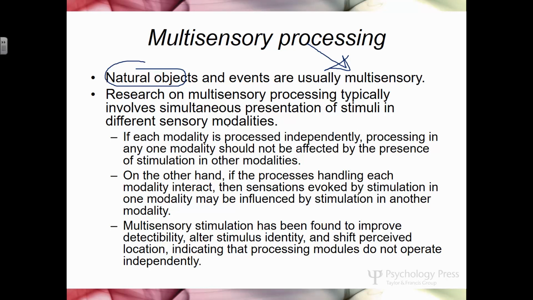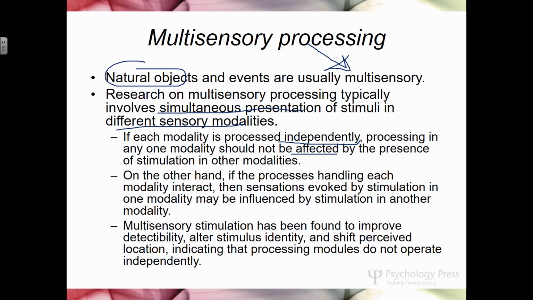What's been interesting about this is that there's been a bunch of research on these multisensory processing, right? Typically how this works is they will simultaneously present stimuli in different sensory modalities, right? And if this is your approach, so if you can present a visual and an auditory stimulus at the same time, if these were processed independently, presenting any one modality should not be affected by the presence of any other modality, right?